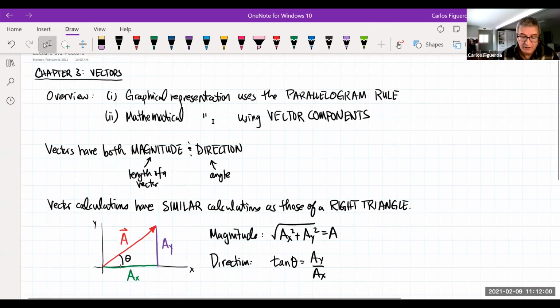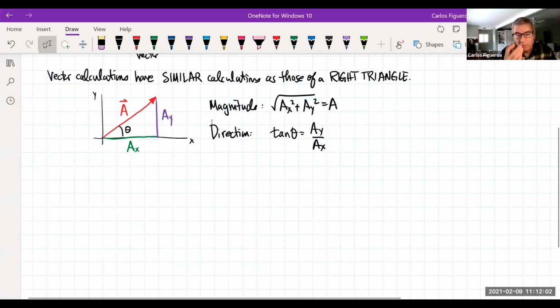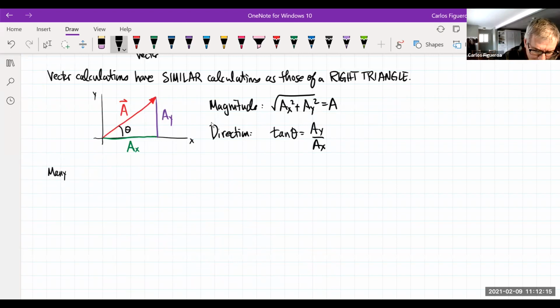What we want to do now is move on and talk about vectors. One of the things I said a moment ago is that in 2 dimensions it seems pretty obvious, but there are many types of so-called vectors.